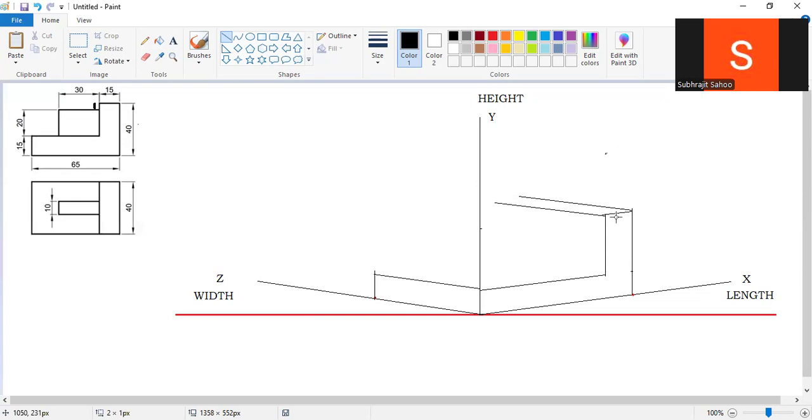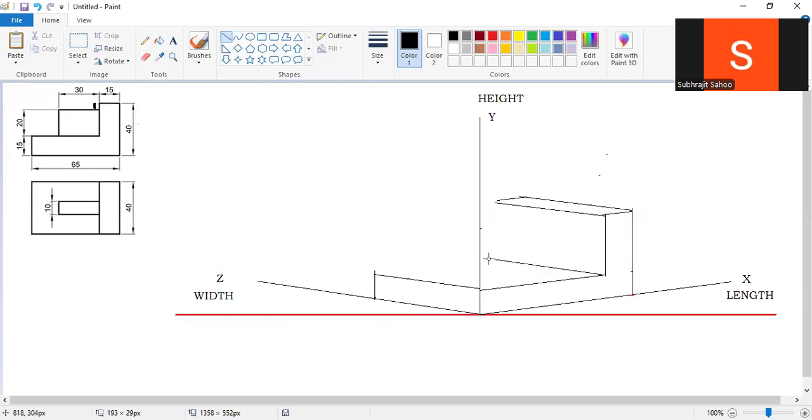Next, this is how much? 15. So here to here you join, right? So this line should be parallel to the x-axis, right? Next, here also you draw a line.